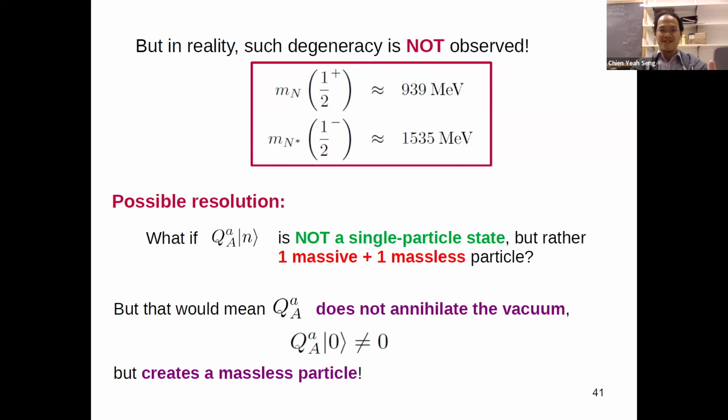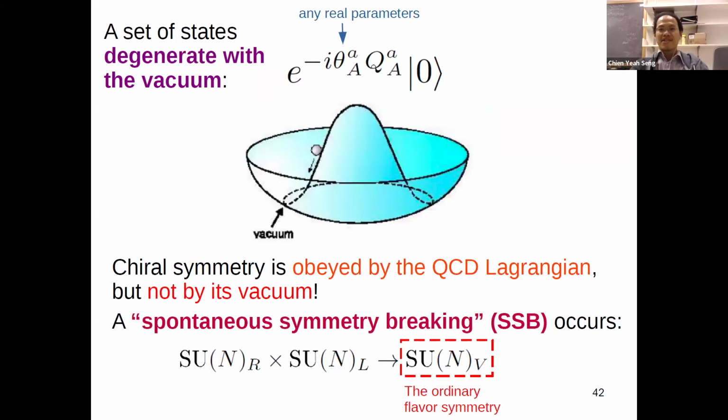And what does it mean? What is the consequence of the fact that QA acting on the vacuum does not annihilate the vacuum? That will mean that we have a degenerate vacuum. Why? Because if you take 0 to be the vacuum, here meaning the state of lowest energy, with no particles, just nothing, so lowest energy.